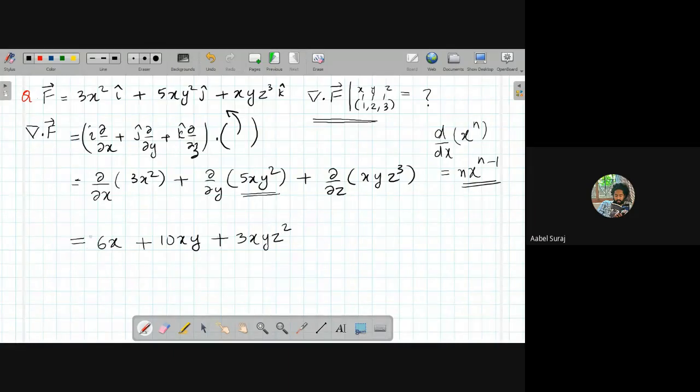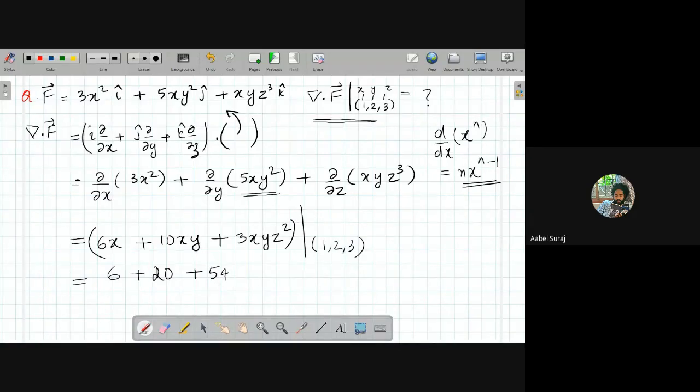If you want to find this at 1, 2, 3, just put x as 1, y as 2, z as 3. So it would be 6 plus 10 into 2, that is 20, plus 3 into 2, 6 into 9, 54.